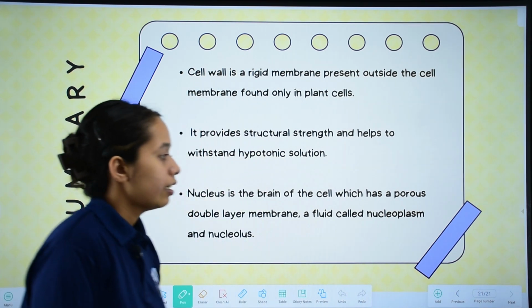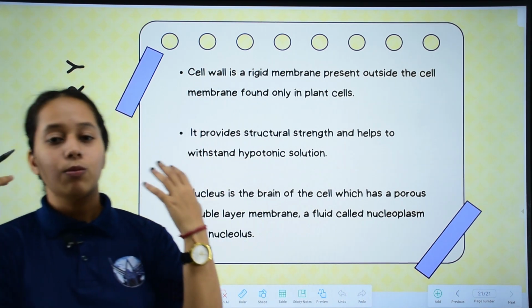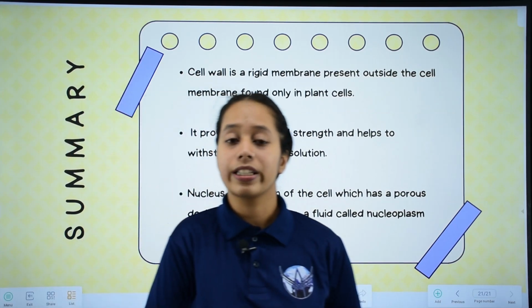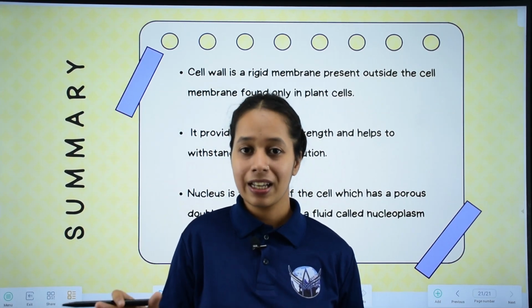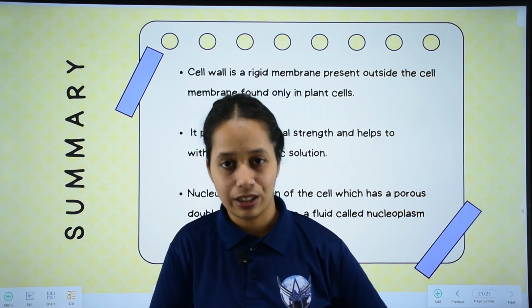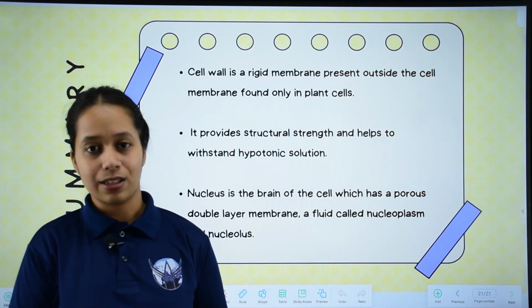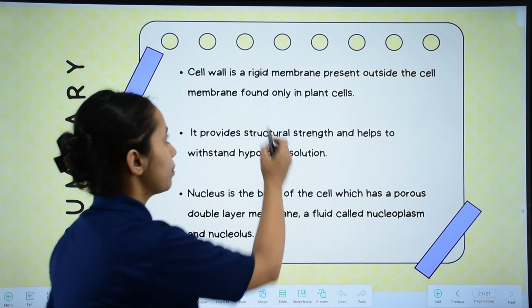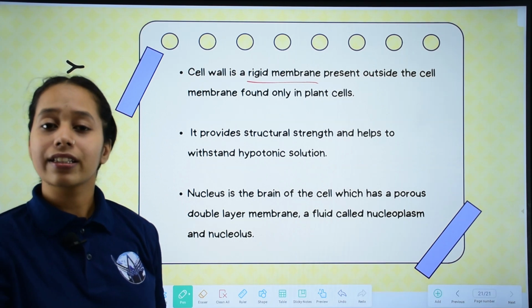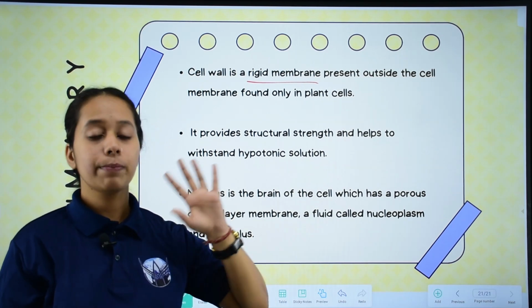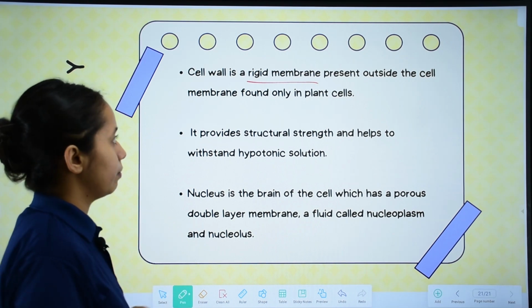That was almost everything we need to discuss in today's class. We discussed the cell wall, and then we came to the nucleus and its three major components. So let us sum up today's class. A cell wall is a rigid membrane present outside the cell membrane. Not every cell has a cell wall; only plant cells possess it.